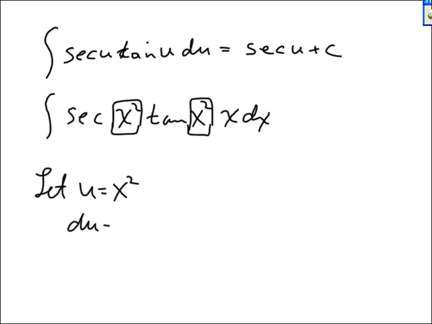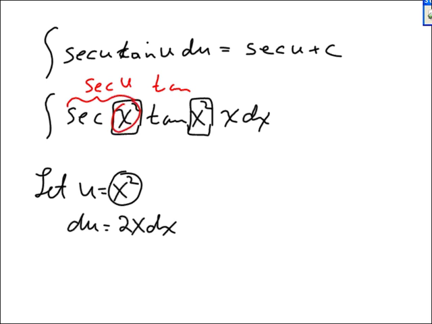So then du is very similar to the derivative of x squared, except the dx goes up here. So this here is secant of u, since this x squared is u, times the tangent, and this is u.